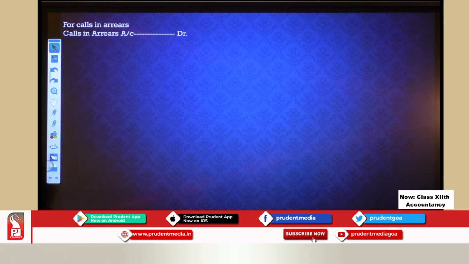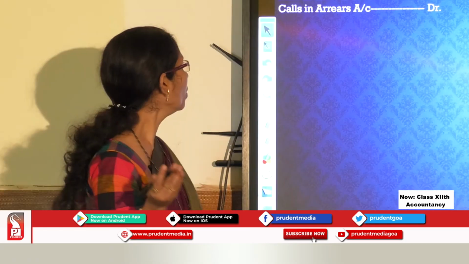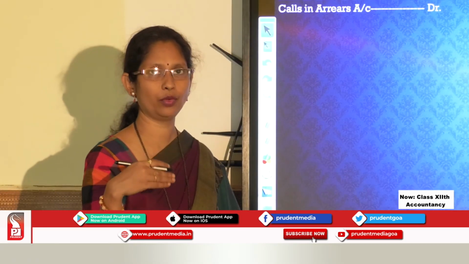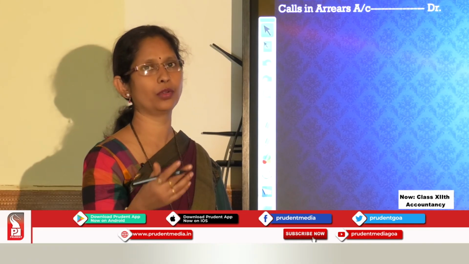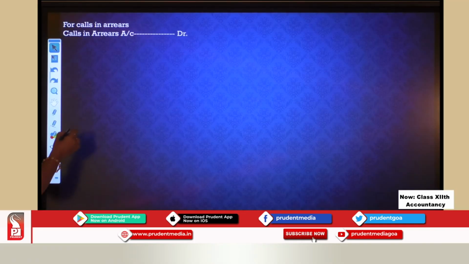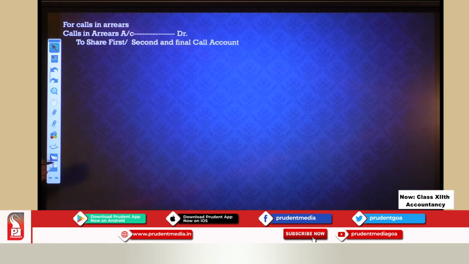Calls in arrears account debit, because this is the amount due to us from the shareholders, correct? So apply the rule, they are like our debtors now. So calls in arrears account debit, this is also a personal account. Account debit to share first call or second and final call, or it can be even allotment money.